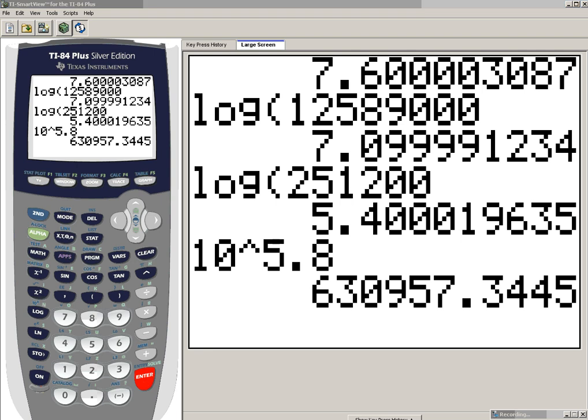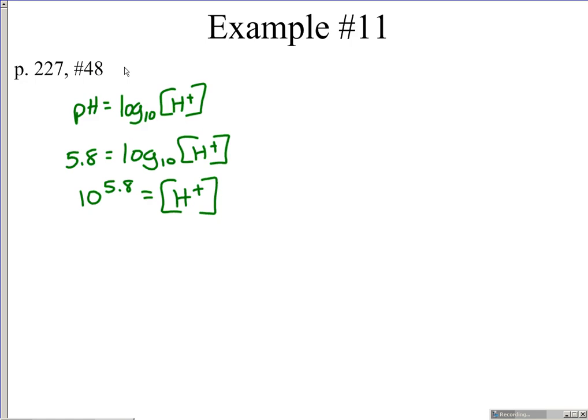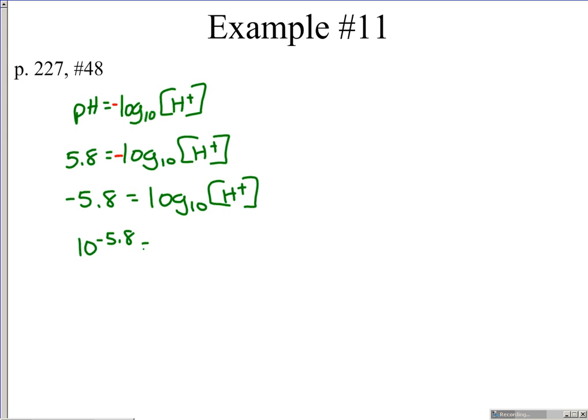I'm sorry, I need to go back here. I wrote the formula down wrong here. There should be a negative in front of here. So we need to back up a step here. We first need to divide by -1 to isolate that logarithm. And now change to an exponential. Base to the exponent equals the argument.